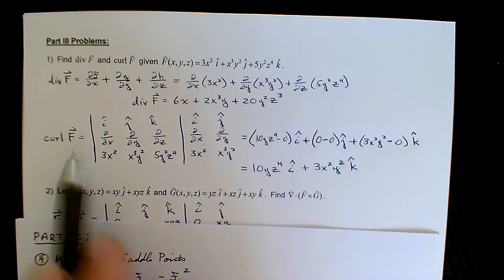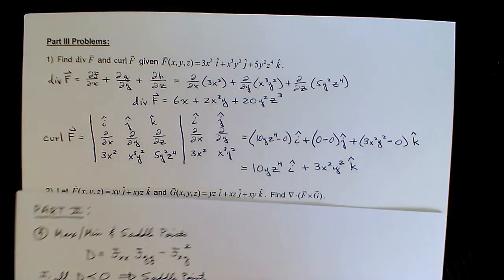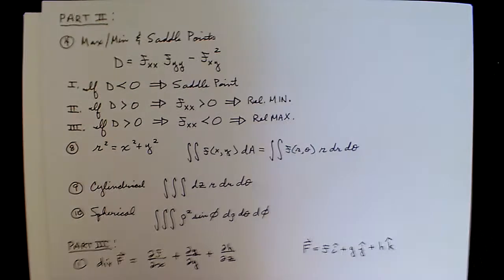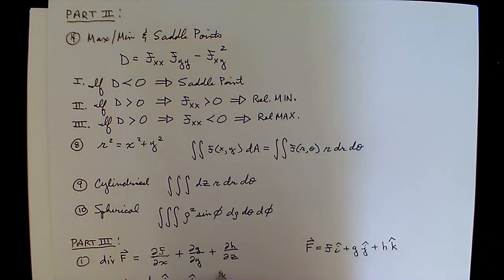For the curl, you have to set up the 3×3 determinant. So if we want the formula for the curl of f, i, j and k, your first row, then the partials with respect to x, with respect to y, with respect to z for the second row, and then the functions f, g, and h for the third row.